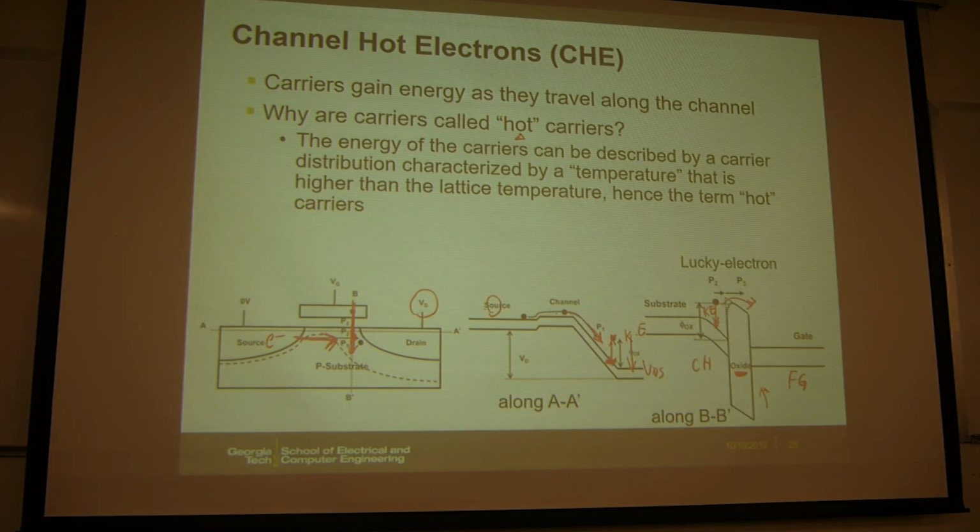So these are thermally activated electrons, and they may jump over the barrier and get into the gate.